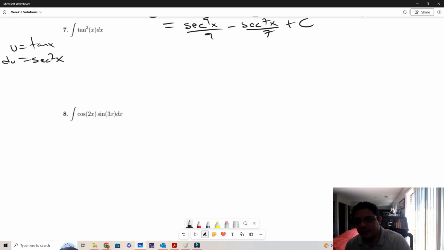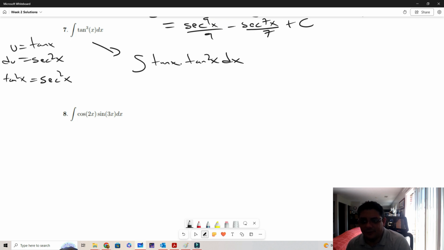So I better transform this somehow. And so I can see this as tangent of x times tangent squared of x dx. And remember that tangent has a relationship with secant. So tangent squared is secant squared minus 1. And so I can transform that here.